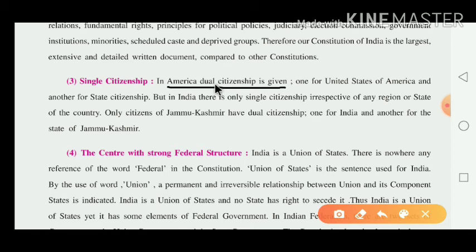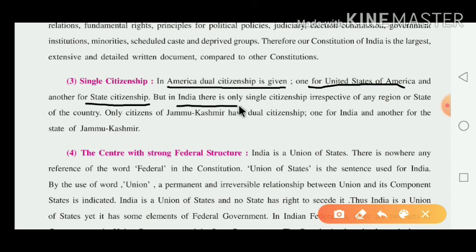That's why in America there is dual citizenship, one for the United States of America and second for the state. You take citizenship of the United States of America, and second you take the state citizenship, and that is why it is known as dual citizenship.